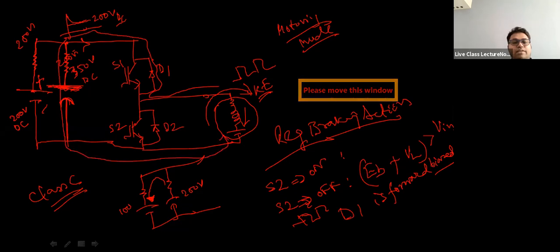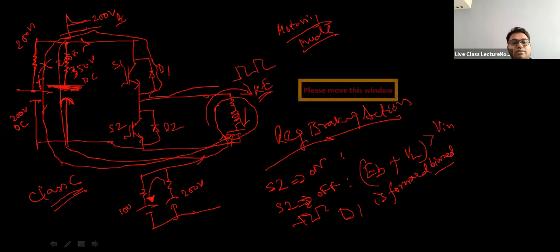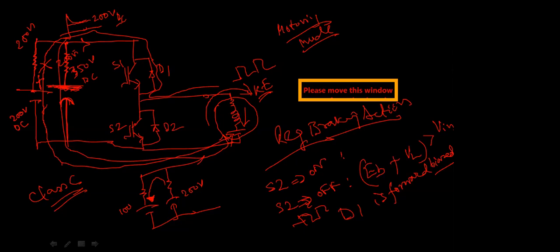Some amount of current, a very small amount, will go through this battery also, but the battery won't accept the charges so quickly. So forget this current. Only the capacitor will get charged up very fast and the voltage will be higher than the battery, right?